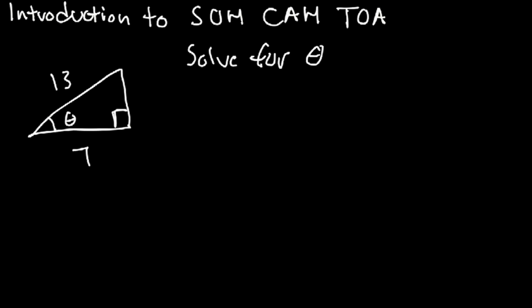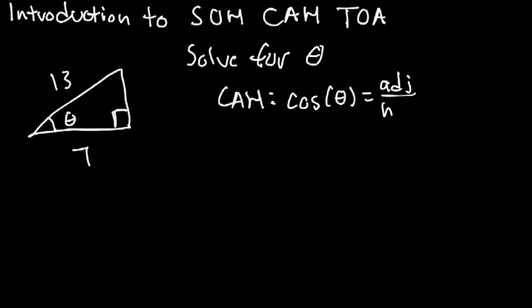Okay, in this next example, we have an adjacent side of 7 and a hypotenuse of 13. Knowing that, we're going to have to use CAH, or cosine. So let's start the relationship. Cosine theta equals the adjacent side over the hypotenuse side.